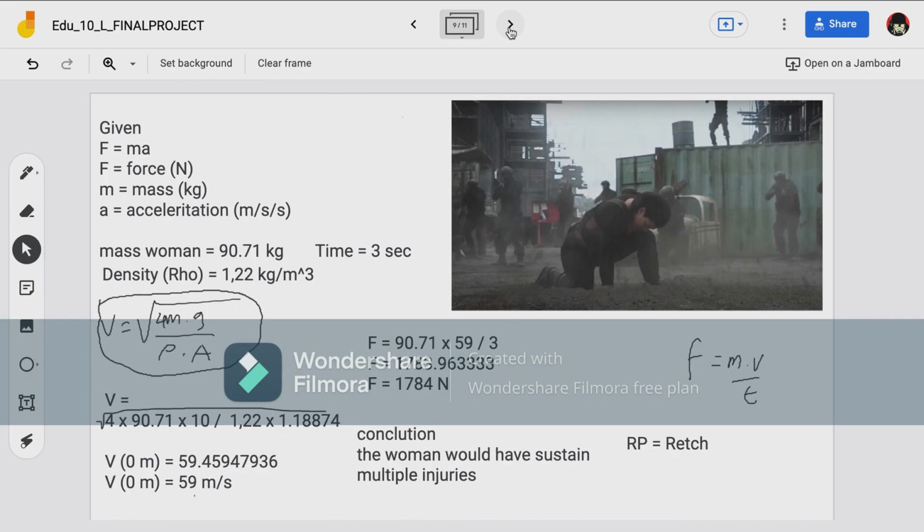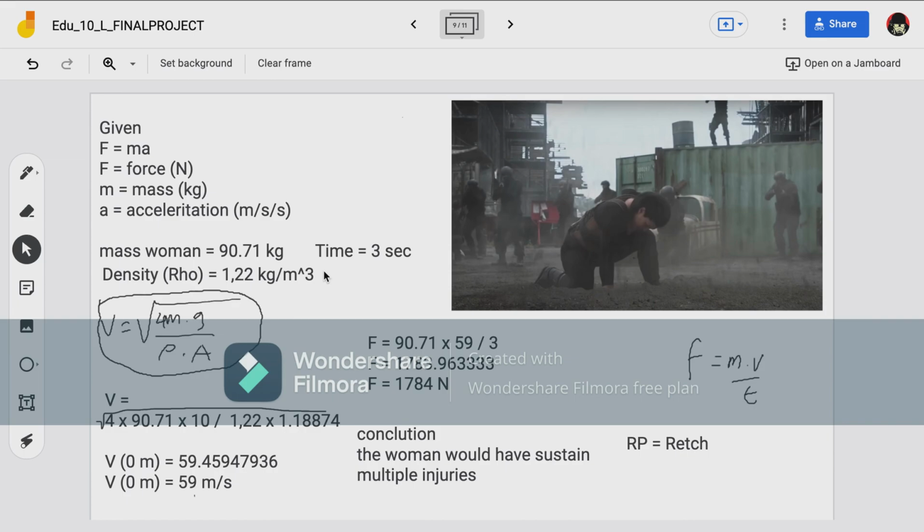So here's my calculation. First we need to find the mass of the woman. The mass of the woman is 90.71 kilograms. The time it took for her to jump down from her high place was 3 seconds. And her density was 1.22 kilograms per meter. After we got all those numbers, we're going to put them into a formula.